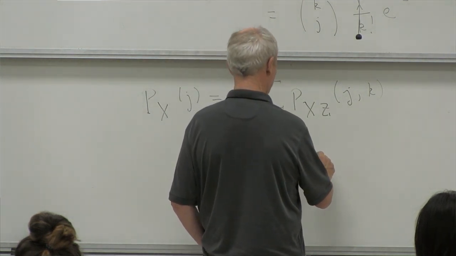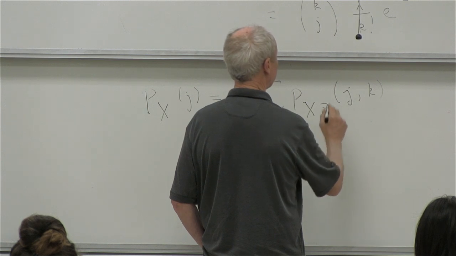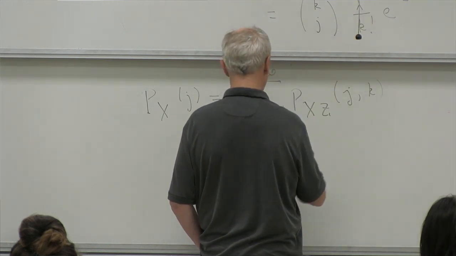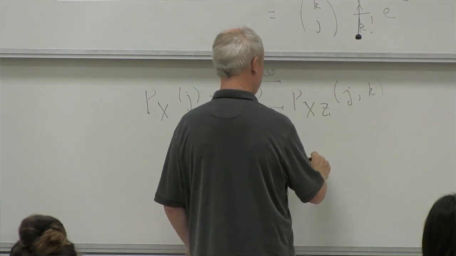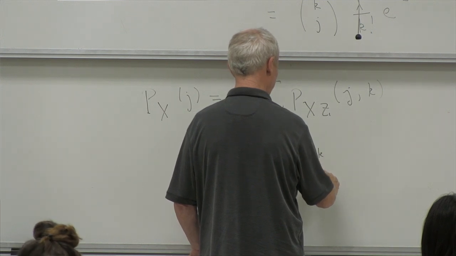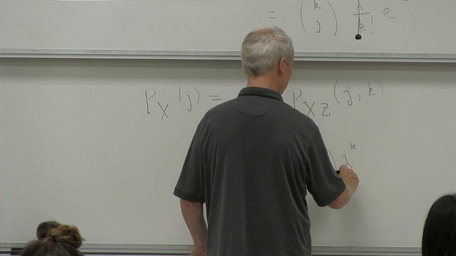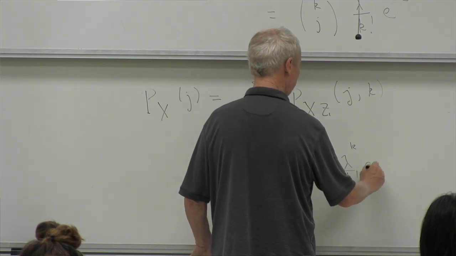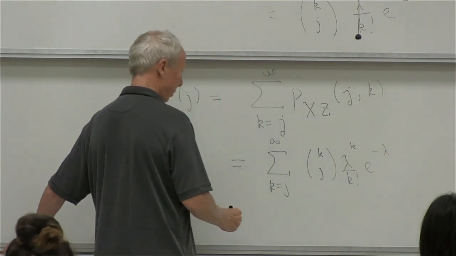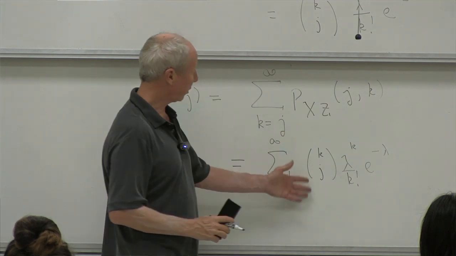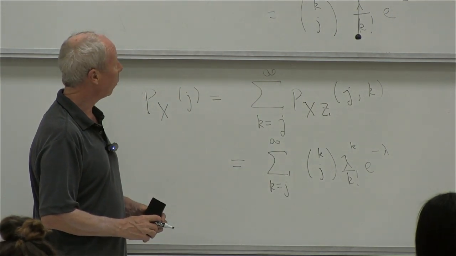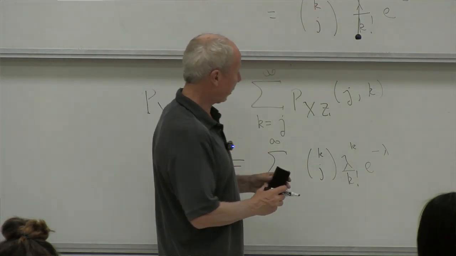Now, what do we have here? We have a lambda to the k. Well, let's see. We have k choose j, lambda to the k over k factorial e to the minus lambda. That's what we have to sum. Did I get everything? No. Oh, right. Here, yes.